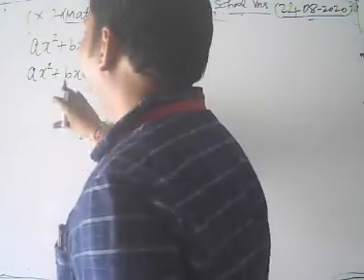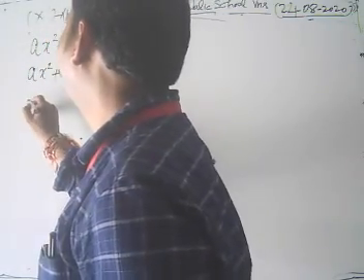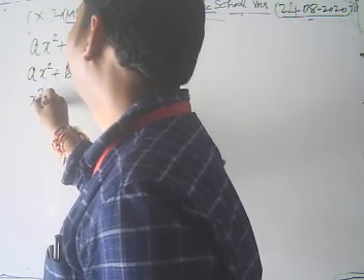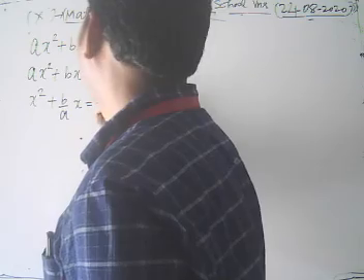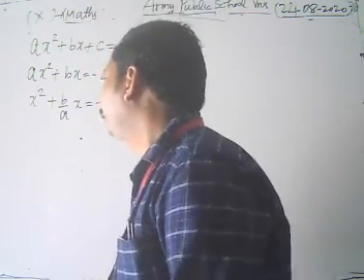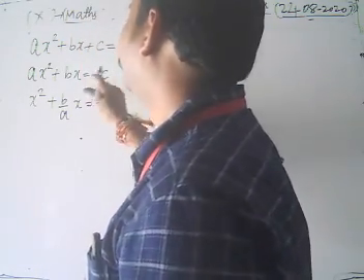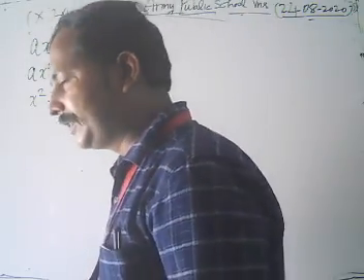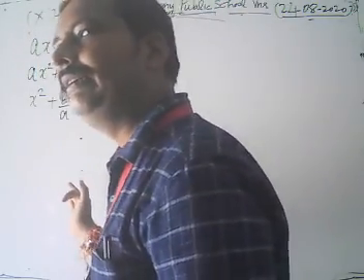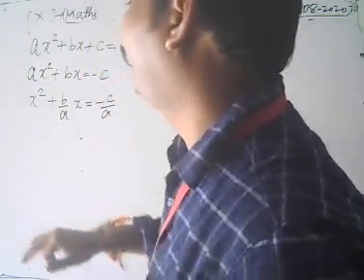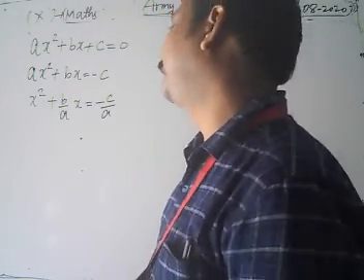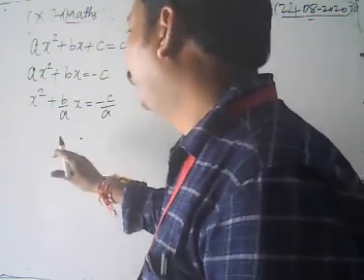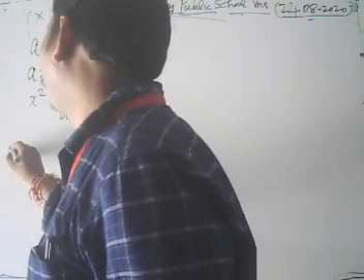Then in the next step, we are going to divide each term by a, the coefficient of x square. Then we are going to add b upon 2a whole square to both sides.